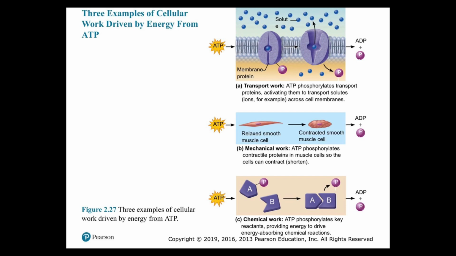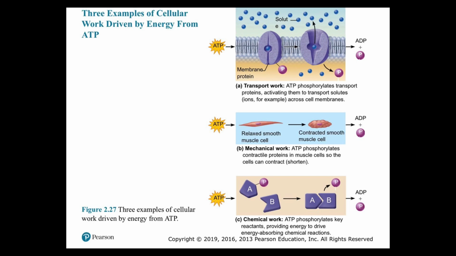What that means is that it adds a phosphate group to it, it activates it, and now the membrane protein is going to change three-dimensional shape, and it's going to allow solutes to cross the cell membrane. A solute could be something like glucose, or it could be an ion. Glucose or ions cannot pass through the phospholipid bilayer. The only way they get through is through a membrane protein.